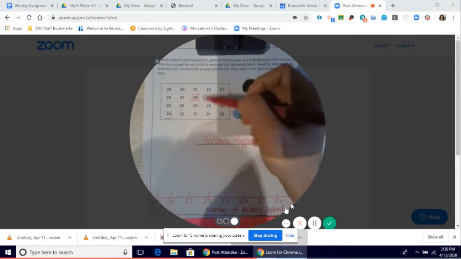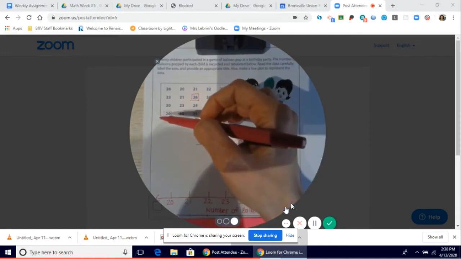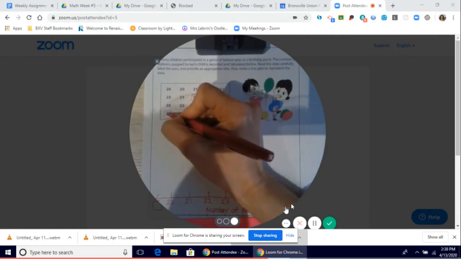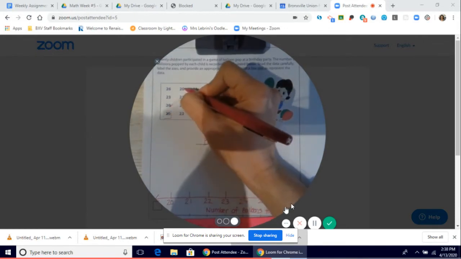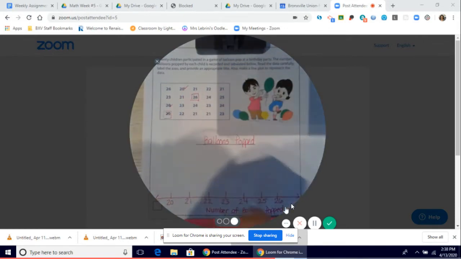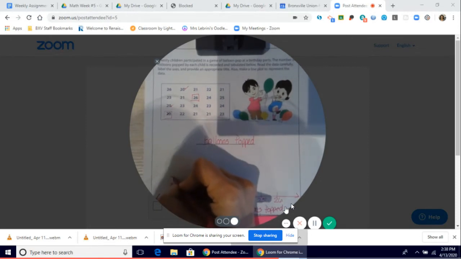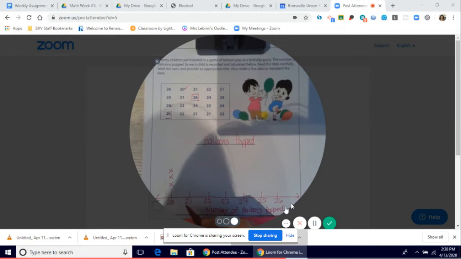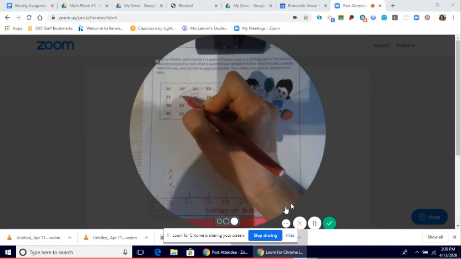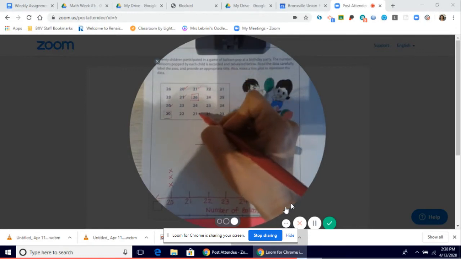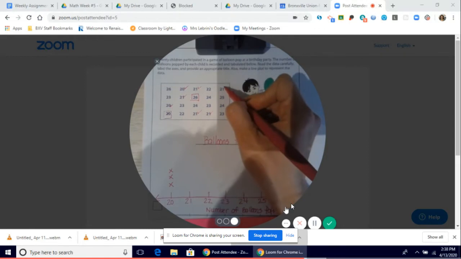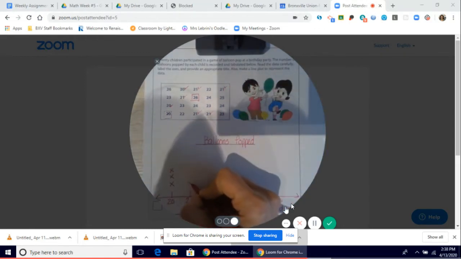Now, I want to see how many times the balloon was popped 20 times. So we have 1, 2, and 3. So I'm going to put 3 X's above my 20. Now I'm going to see how many times was a 21. We have 1, 2, 3, 4, and 5. So I'm going to make 5 X's.